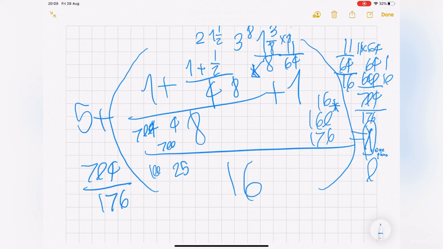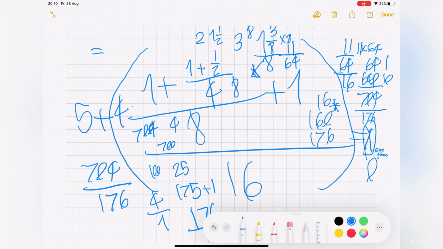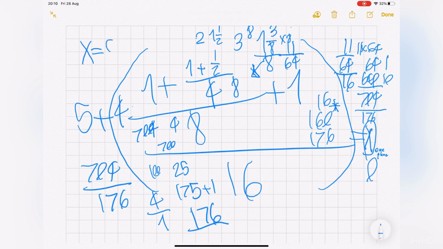And we're trying to divide it by 4, making 25 times 7 equal 175, plus 1 equals 176 divided by, oh wait, that would just be easy because it would just be 4 divided by 1 equals 4, plus 5 equals 9. 9 is equal to x. Well, if you want your answer to be better, you could just write x equals 9.